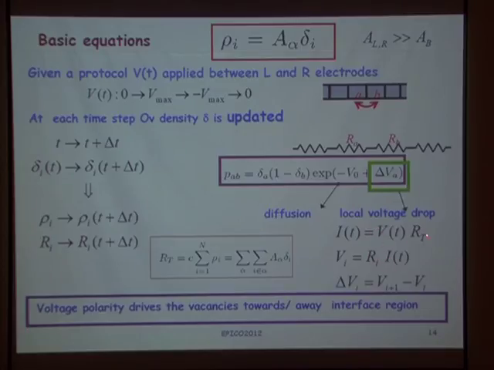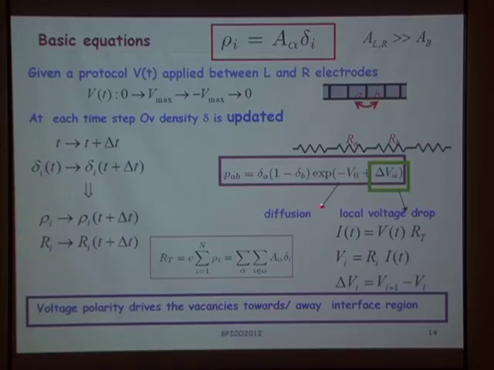The current is known, and the local voltage drop is the difference between the voltage at site i+1 minus the voltage at site i. So at each time step we can update the local resistivity, of course, and the resistance of each of the domains. The total resistance at each time step can be computed by just adding up the resistance along the sample.